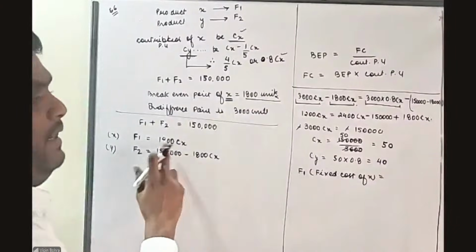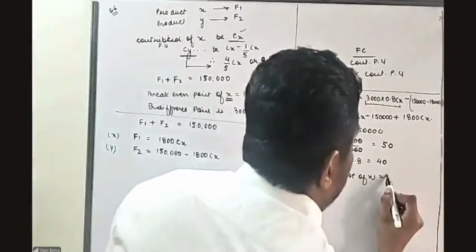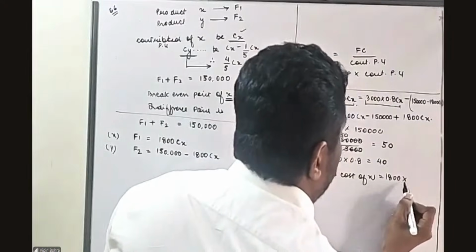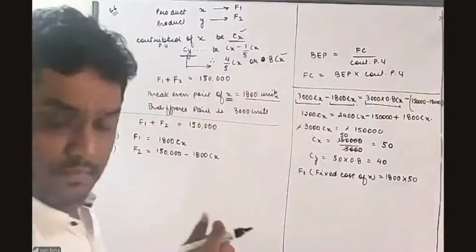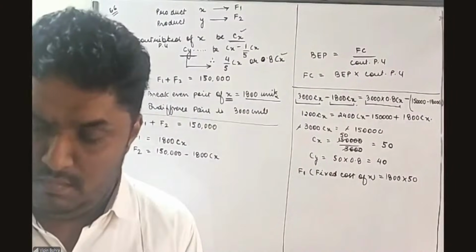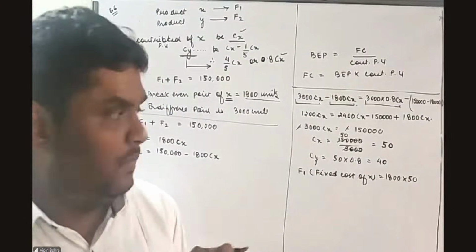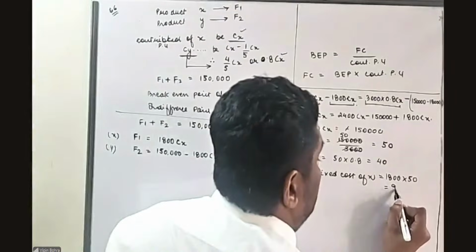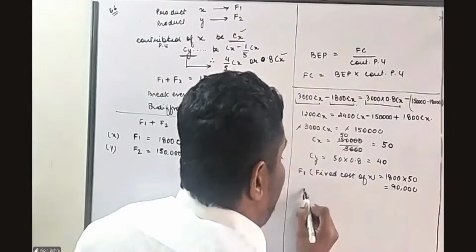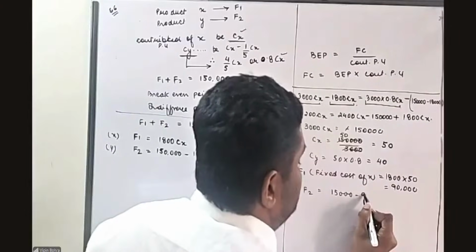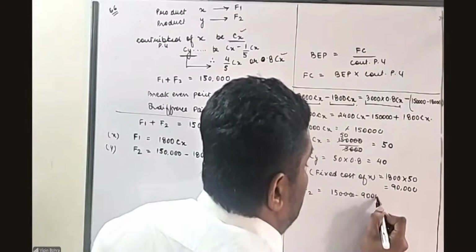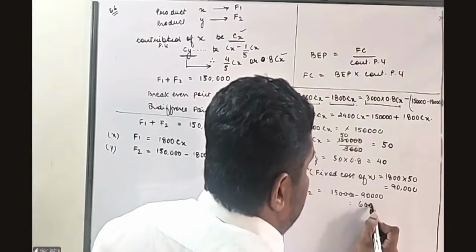That is 1800 into CX, 1800 into 50. So this will be 90,000. So F2 will be 1,50,000 minus 90,000, that is 60,000.